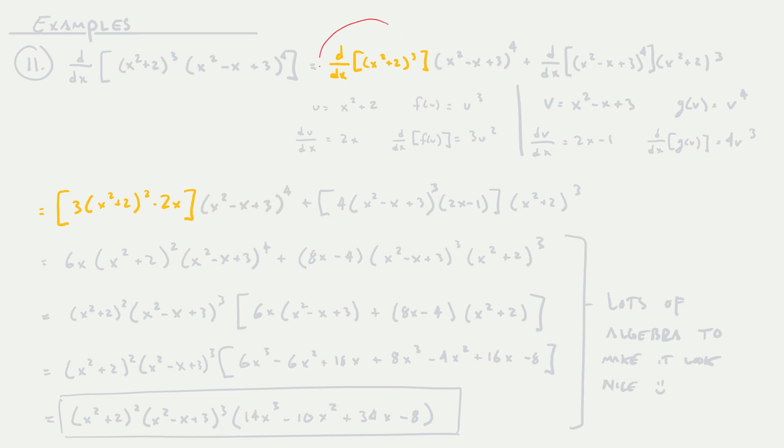Right here in this one, when we were differentiating x squared plus 2 all raised to the third power, I brought down the power, subtracted it by 1, and then multiplied by the derivative of the inside. In this one, right, again, brought down the power, subtracted by 1, that gave me this part here, and then I multiplied by the derivative of the inside.